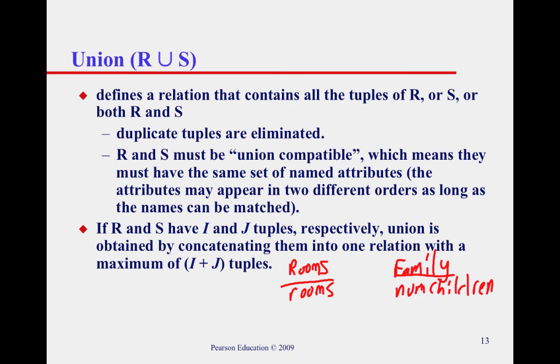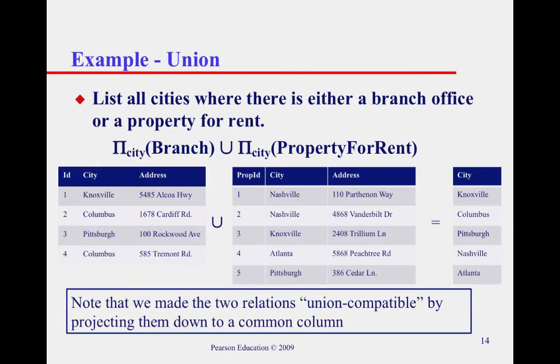So in practice, you should use some common sense and only union relations that not only have the same number of columns and same data types, but actually mean the same thing semantically. Typically, to make two relations union compatible, you have to project out the common columns.